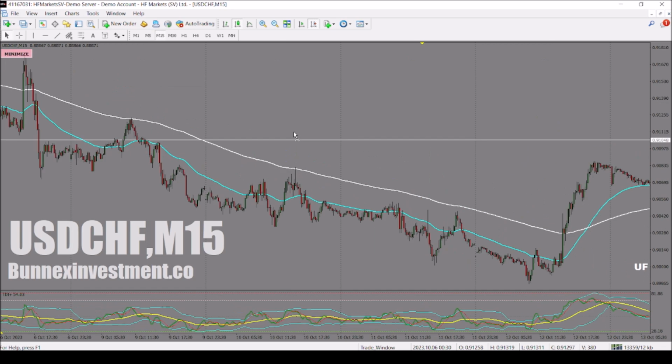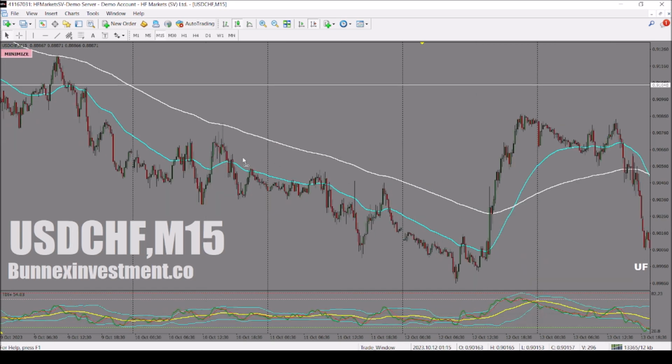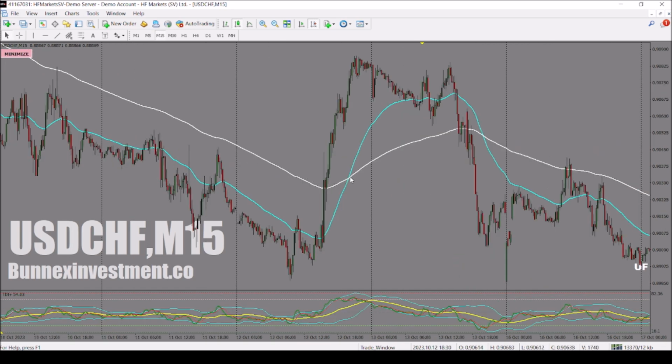Going forth, we can start to look again for an entry. You can see a crossover here, but unfortunately there was this retest, and there was a shark fin at this particular point. Maybe we could say it was going to end up as a loss, right?